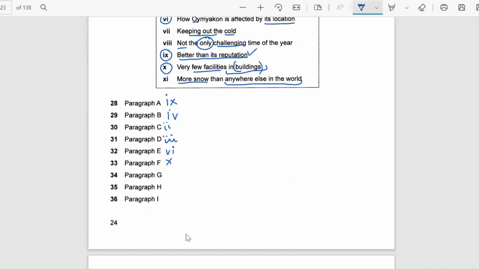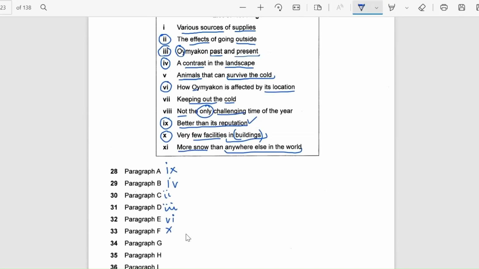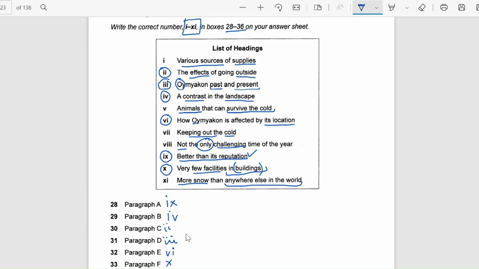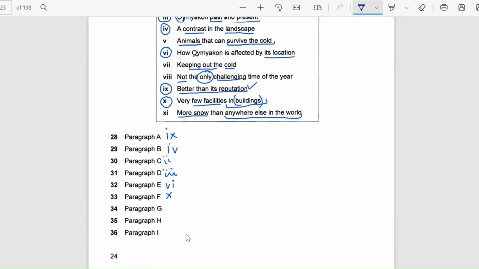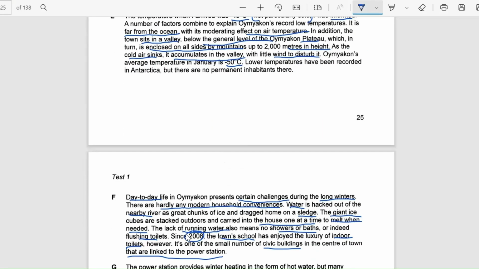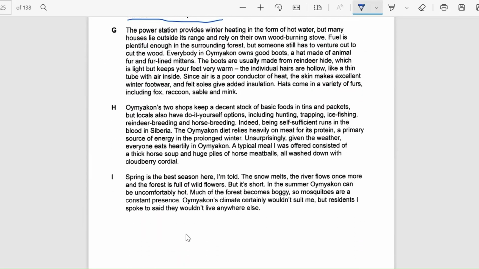So that is exactly what we are looking at here. And if you look at other options also, none of them is matching point number 10. So point number 10 is the closest to what I just read in para F. So let's go to G and see what it's telling us.